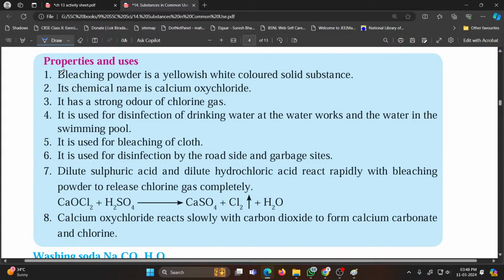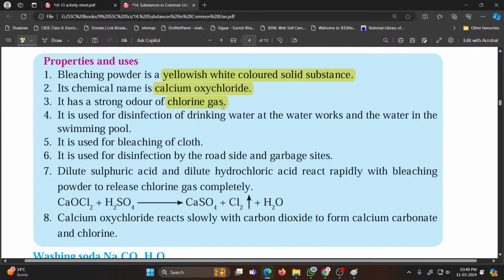Bleaching powder is a yellowish white solid substance. This is the first property. Chemical name is calcium oxychloride. It has a strong odor of chlorine gas because it releases chlorine when it reacts with atmospheric carbon dioxide. So that process is spontaneous.